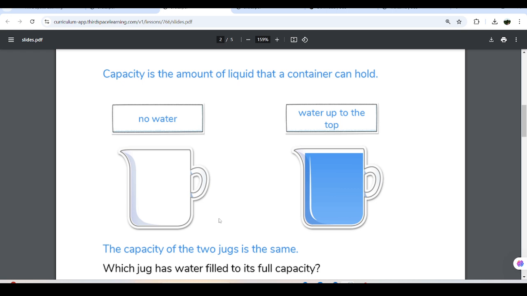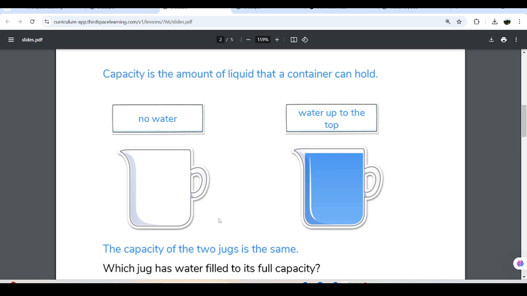That's why there is a difference between volume and the capacity. So volume is the amount of space that a liquid or an object occupies, and capacity is the maximum amount an object can hold.